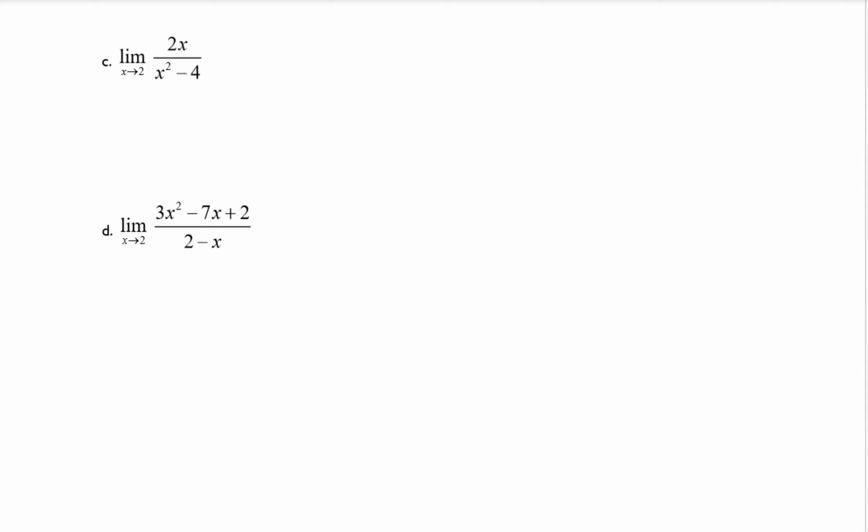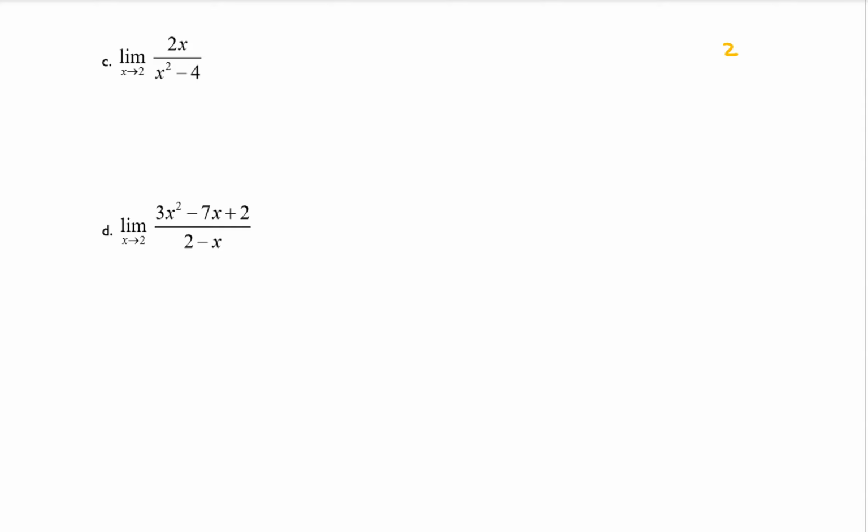Okay, part C wants us to find the limit as x approaches 2 of 2x all over x squared minus 4. Now this is an example of a rational function where if we plugged in 2, it would make the denominator 0. So I'm going to do that off to the side here.